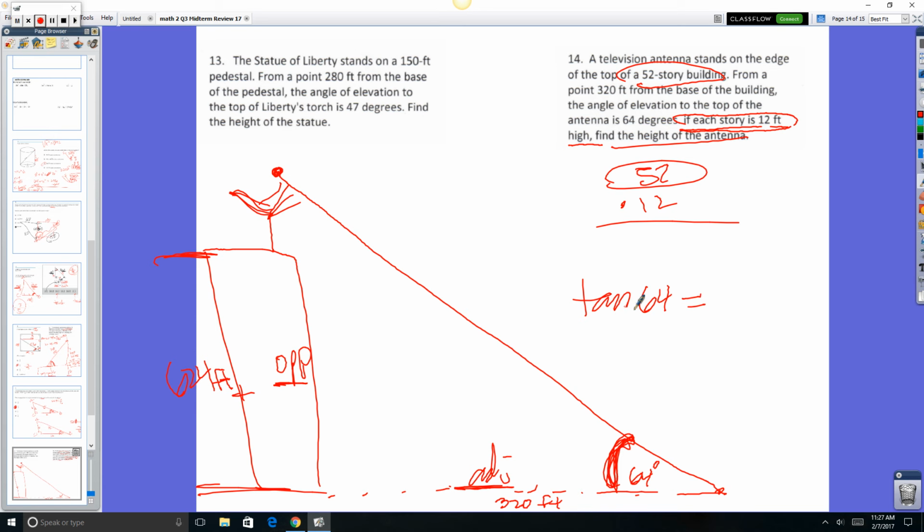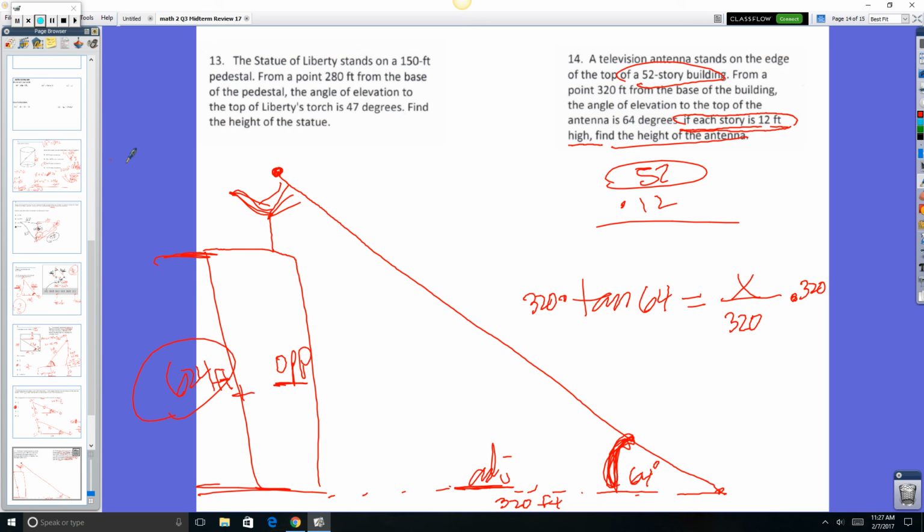Let's not even worry about this 624 yet. So let's say we don't know that, but the adjacent we know is 320. So we are going to times this by 320. So 320 times the tangent of 64.